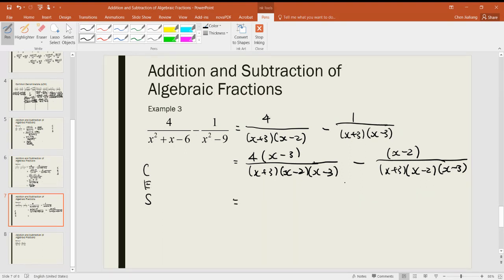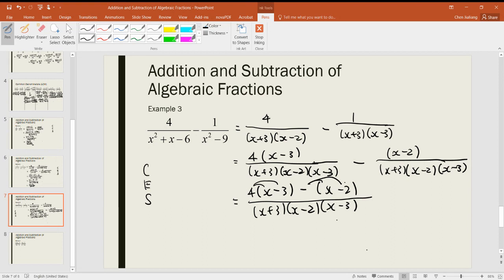Now we will combine them. Minus, we follow the minus, and then with the bracket x minus 2. So the first numerator minus the second numerator will be presented here. And finally we'll expand it.